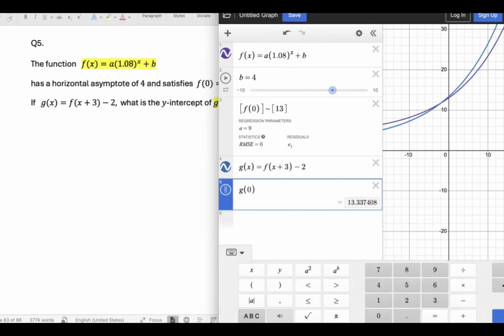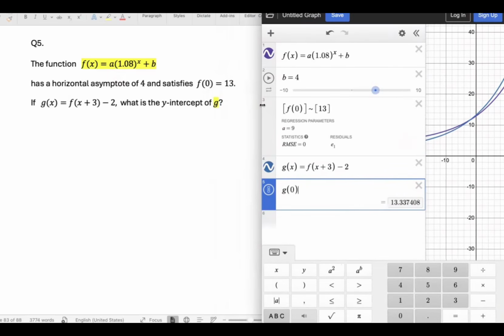But you've got to understand the concept. We define the function for Desmos. That is the key. And then we put our asymptote, b is equal to 4. And then we regress f of 0 is equal to 13. It calculates a is equal to 9. We already know, we calculated it, right? And then you write your function, g of x is that. And then calculate g of 0. And you get this.